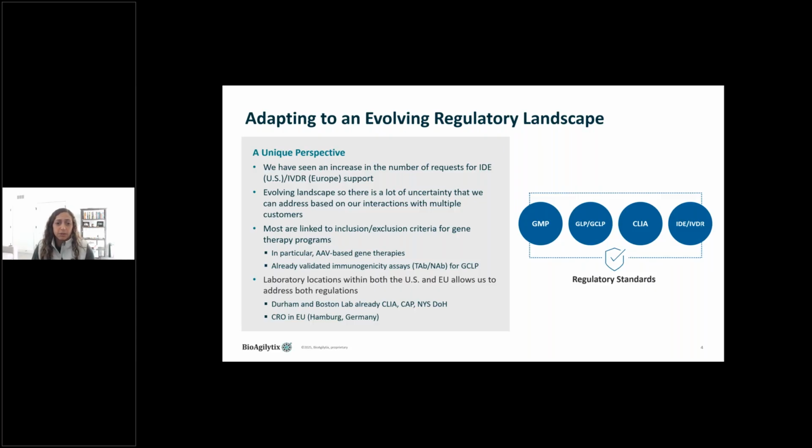And our lab locations have really allowed us to be proactive in this space, given our extensive immunogenicity experience, as well as our established CLIA experience in the US, and our geographical footprint in Europe, in Hamburg, Germany, has allowed us to be active and spearhead this area of support for our assays.